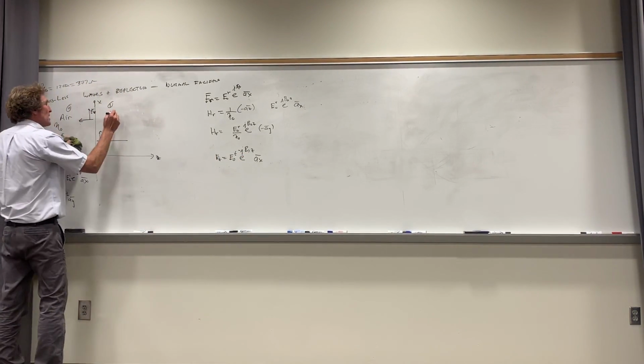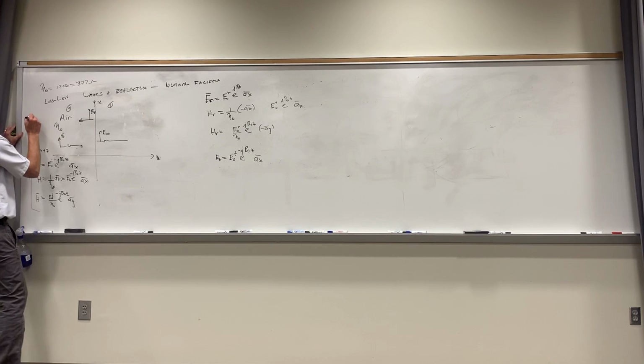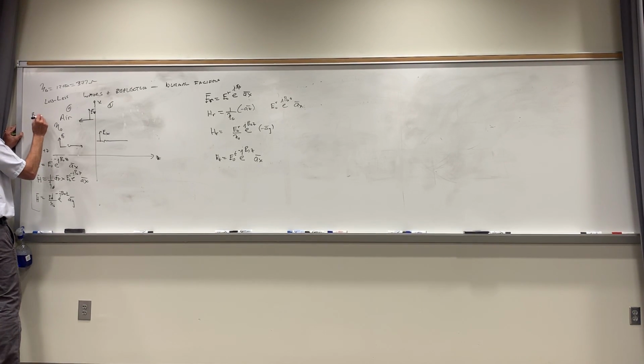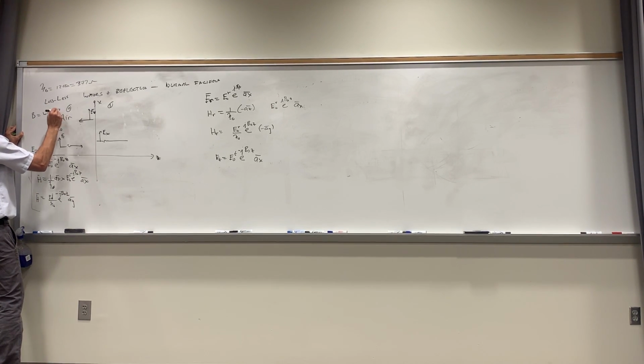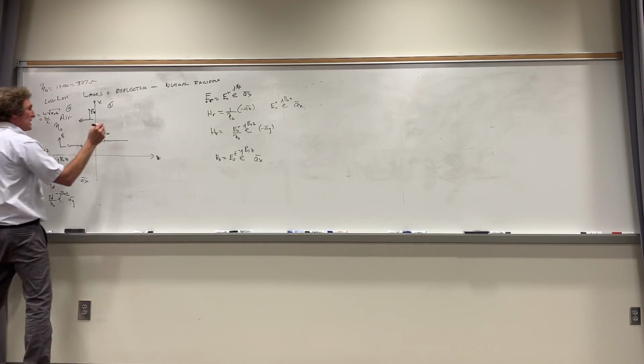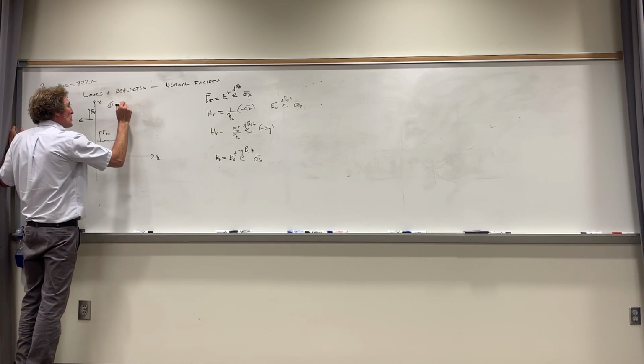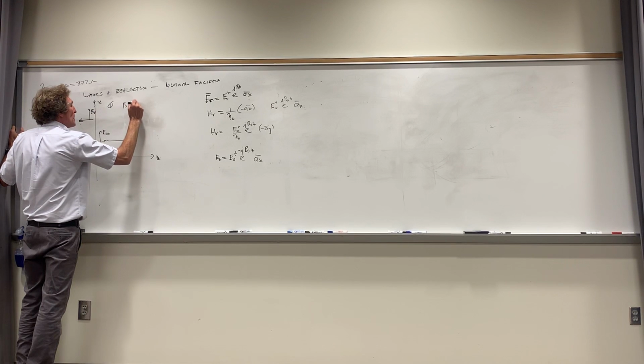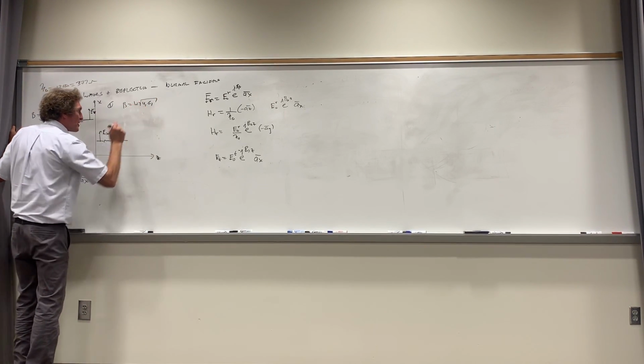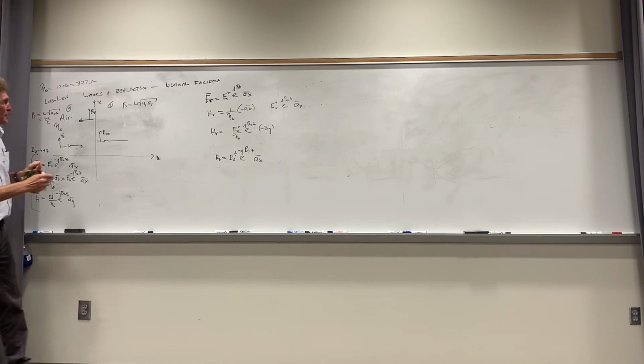Here, in this region, the value of beta would be equal to omega times square root of mu naught epsilon naught, or omega over c if it's the speed of light. Here beta would be equal to omega times square root of mu 1 epsilon 1. And that would be beta 1.